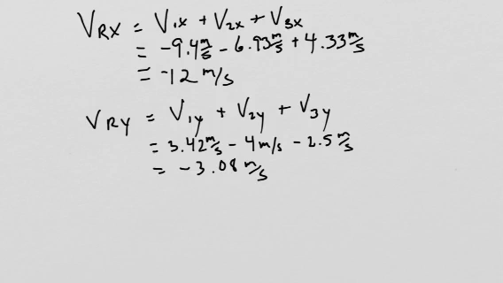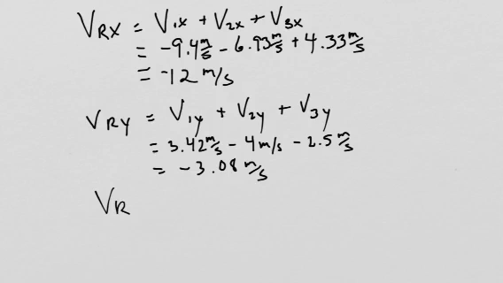Now that we have our VRx and our VRy, we can determine the magnitude of our VR, our resultant vector, by following this formula.